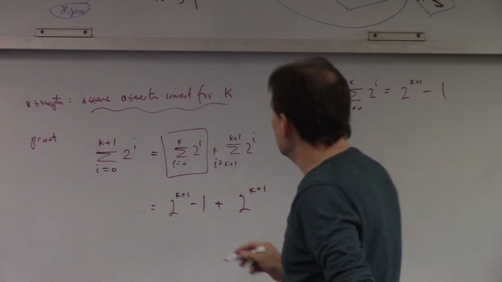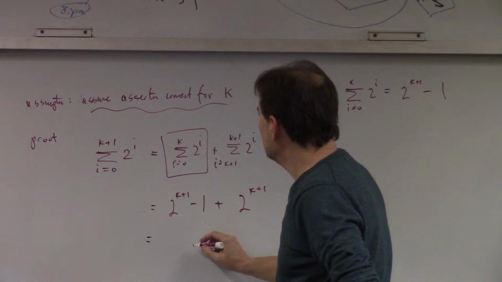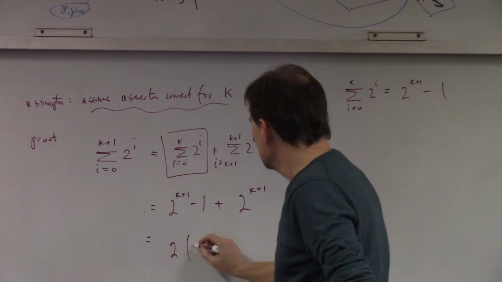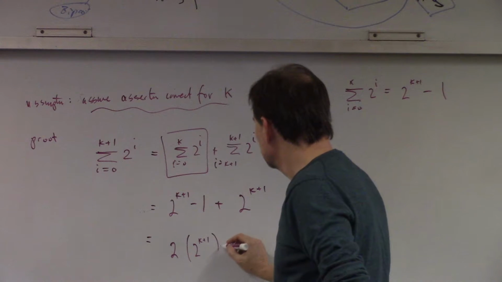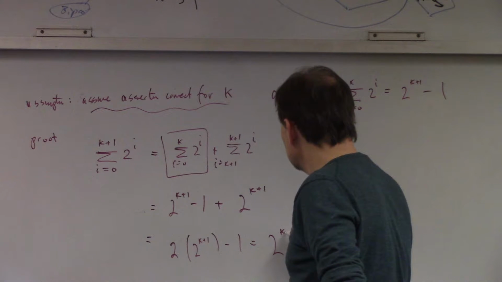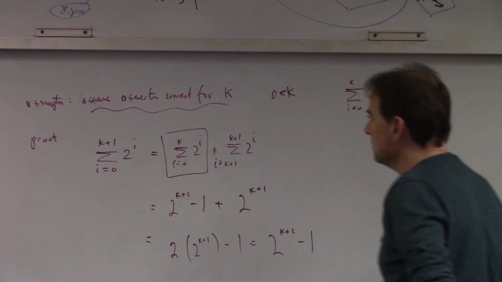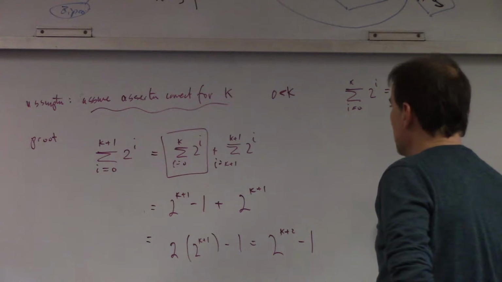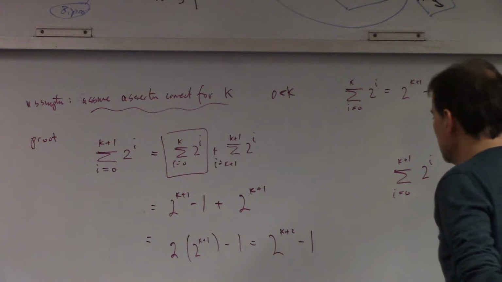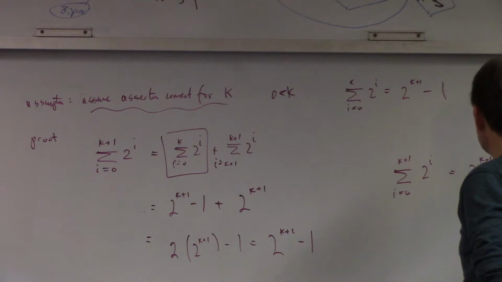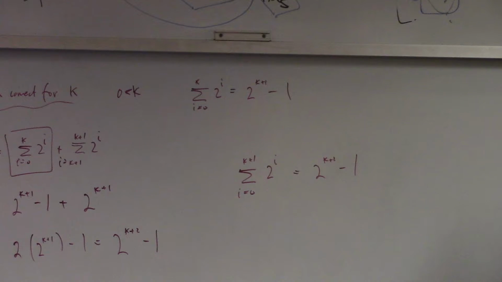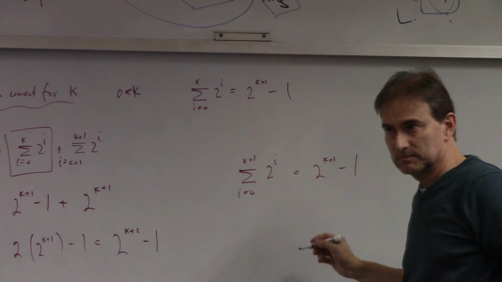So now this is going to equal 2 times 2 to the k plus 1 minus 1, which is going to be 2 to the k plus 2 minus 1. So what we have here is that, by the assumption, the summation as i goes from 0 to k plus 1 of 2 to the i is equal to 2 to the k plus 2 minus 1. So this is true based on the assumption.